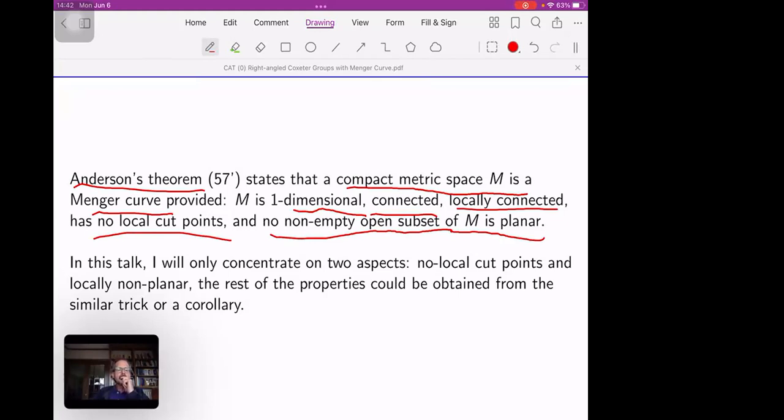So in this talk, I will only concentrate on two aspects: no local cut points and locally non-planar. The rest of the properties follow from symmetry, or we can borrow some corollary to prove that.